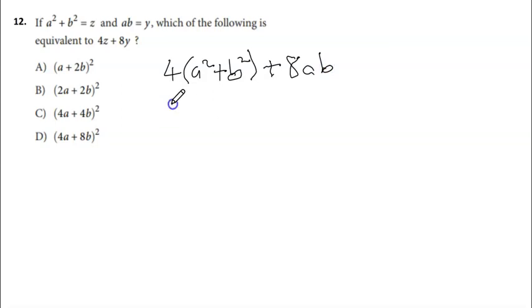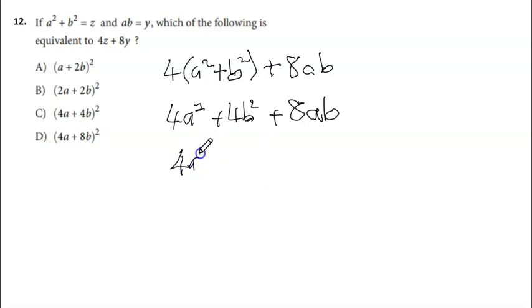So let's expand this. 4A squared plus 4B squared plus 8AB. All right, and then we can rearrange it to get a better view. So 4A squared plus 8AB plus 4B squared.